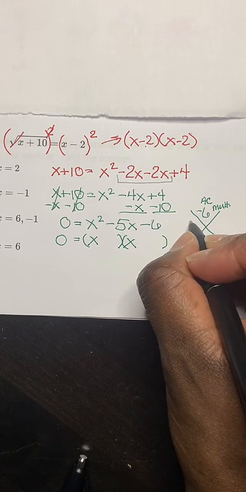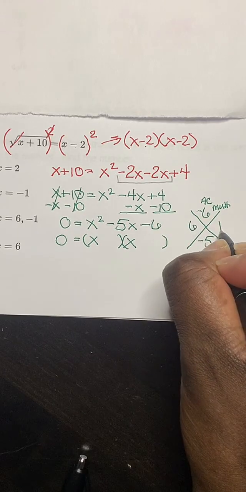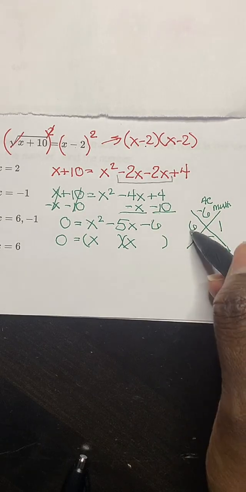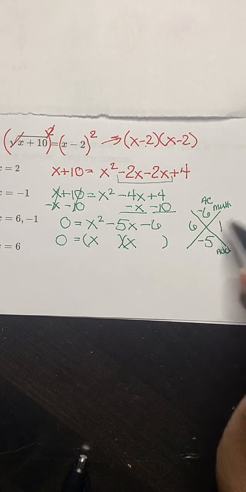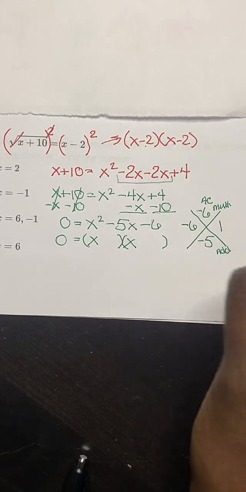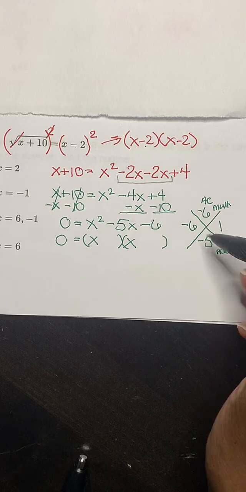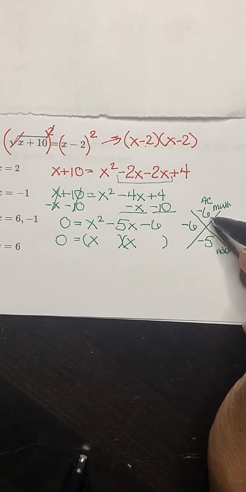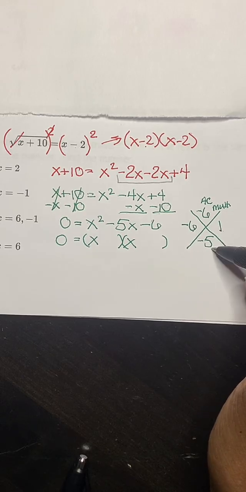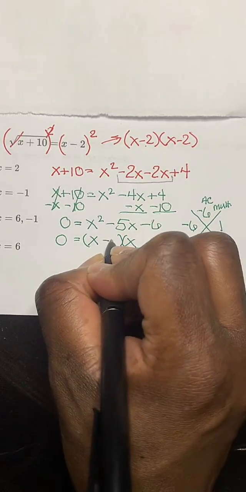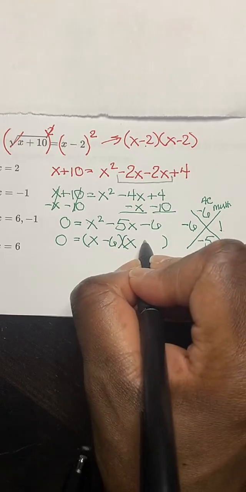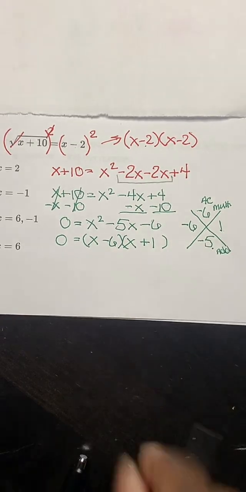So if we use our 6 and 1, one of them has to be negative, and it's going to be the 6. There you go. All right. So, because negative 6 times 1 gives me negative 6, and negative 6 plus 1 gives me negative 5. So one parenthesis is going to have minus 6, and the other parenthesis is going to have a plus 1.